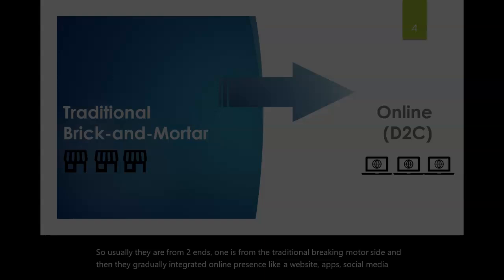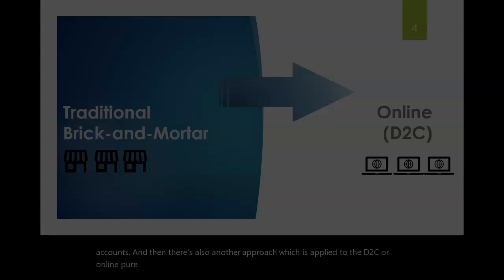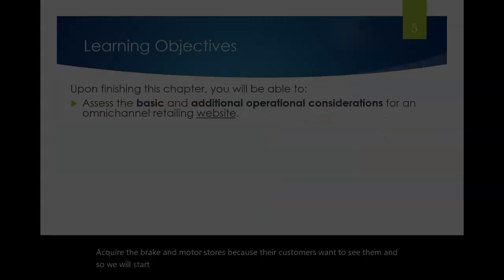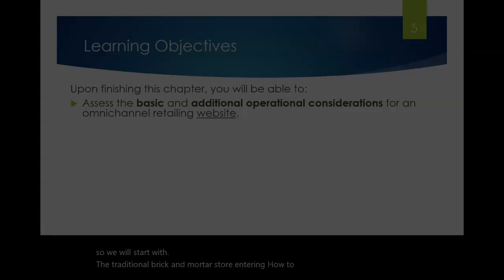The other approach applies to D2C or online pure play retailers. They start with online business and then start to acquire brick and mortar stores because their customers want to see them. So we will start with the traditional brick and mortar store, and how to build the online presence first.